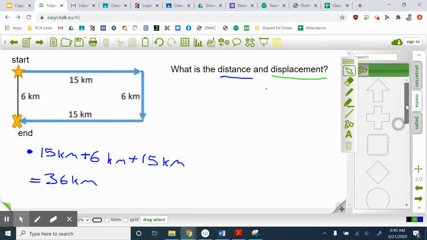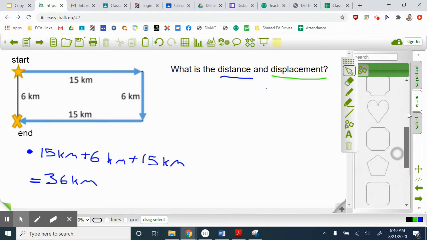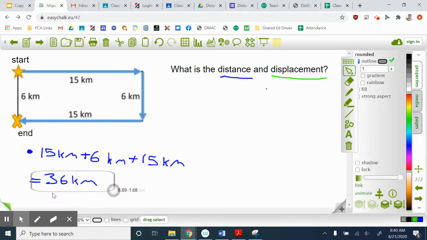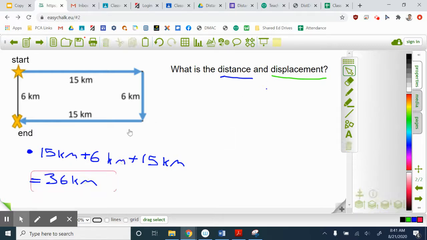Okay. And in physics, what you should do, in math even, is we're going to box our answer. Okay, we're going to box it, just like that.